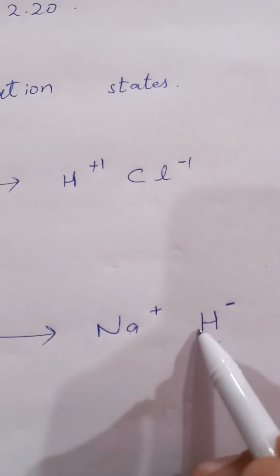But in another case, NaH, when hydrogen reacts with a metal, hydrogen gains the electron and sodium loses the electron.